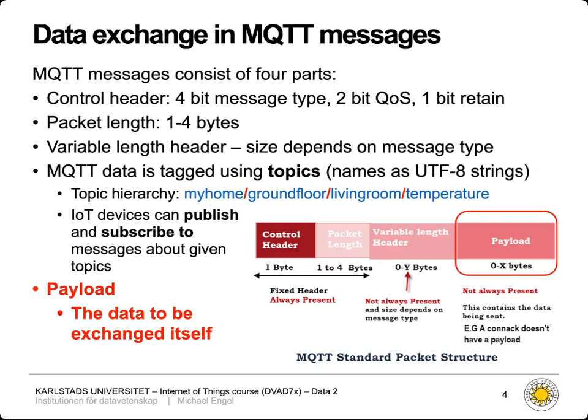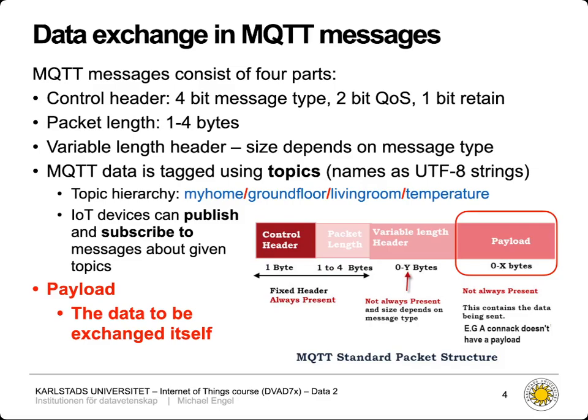So I have an IoT network for my smart home applications, for example. And my home is then split into several units. And one of the units is called ground floor. And in the ground floor, I have several rooms. So, for example, a living room. And in the living room, I have a temperature sensor. So this makes a topic hierarchy of my home / ground floor / living room / temperature.